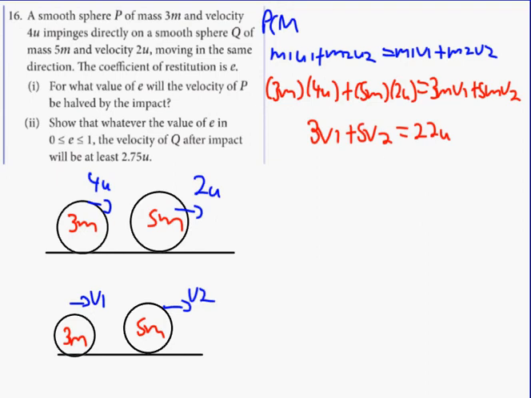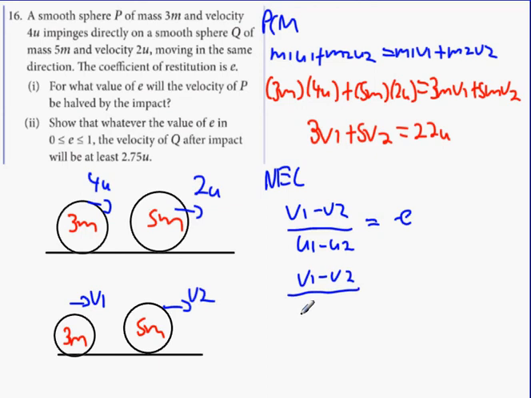Now, NEL, Newton's experimental law, is done as v1 minus v2 over u1 minus u2 equals minus e. So v1 minus v2 stays the same, and then u1 minus u2 is 4u minus 2u, equals minus e.